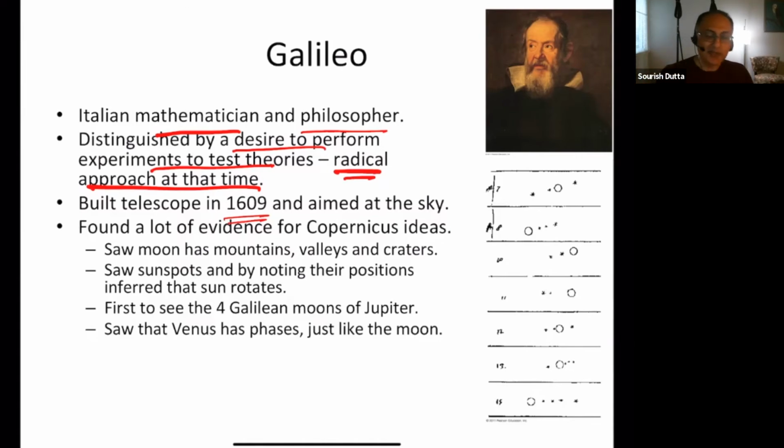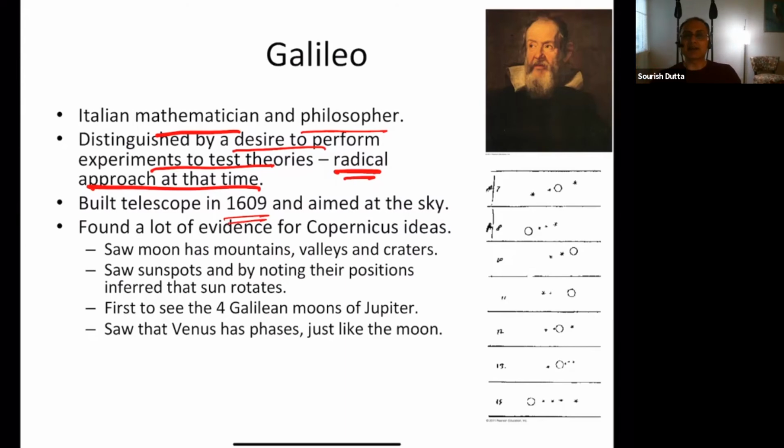But Galileo took those ideas and tremendously improved them and came up with the idea of a telescope, with which you could see objects out in the sky, right? So he built the very first astronomical telescope in 1609, and he aimed it at the sky. And then when he looked at the sky, he realized that what people have been believing for 1500 years since the time of Aristotle is all complete nonsense.